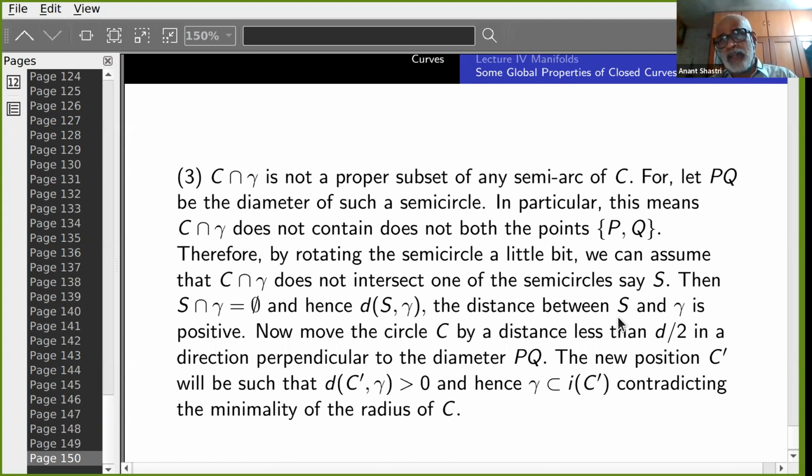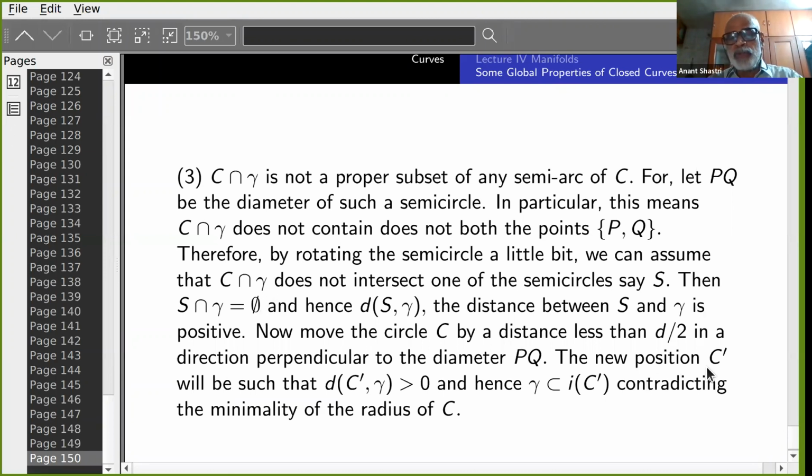The circle will be the same circle, moved slightly in the direction perpendicular to PQ, so its center will change. This time, all the points which are inside the circle will come inside the circle, not on the circle, into I gamma.